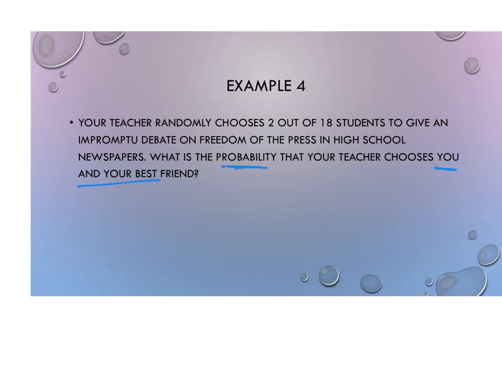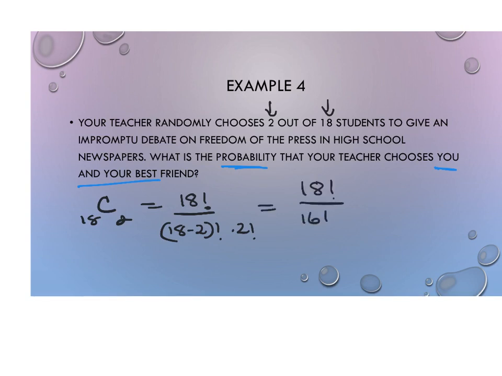So first, let's find all the different combinations. So we have 18 students and we're choosing 2. So 18 factorial over 18 minus 2 times 2 factorial, 18 factorial over 16 factorial times 2.